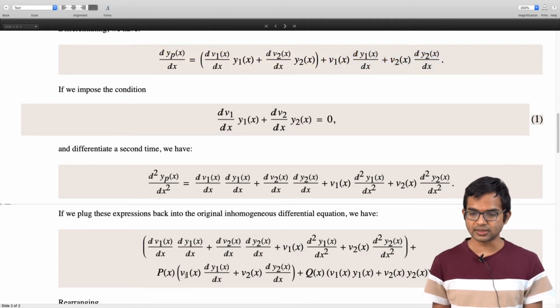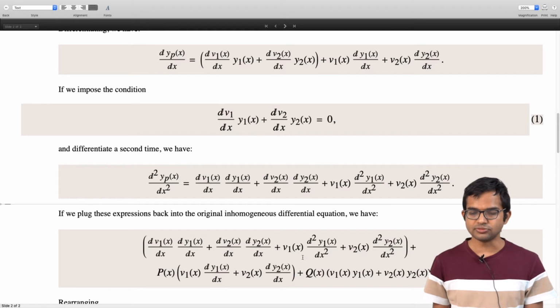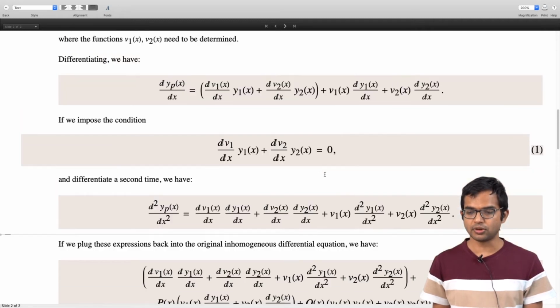So I have p of x times v1 of x times dy1 by dx plus v2 of x times dy2 of x by dx, right? So it looks complicated, but it's really not very difficult. You just have to follow the algebra carefully. Plus q of x times the original expression for yp, right?